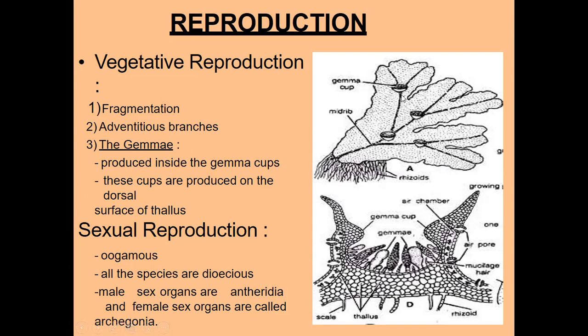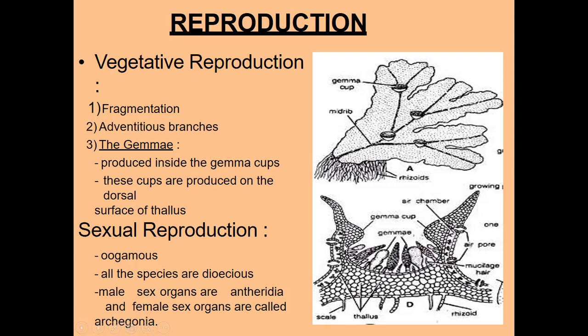These are the ones which are stored. Generally, when we talk about the structure of the gemma, you can see they are a small globose structure. They are round in structure with a small notch at the center and a small stalk. So these are the gemmae.